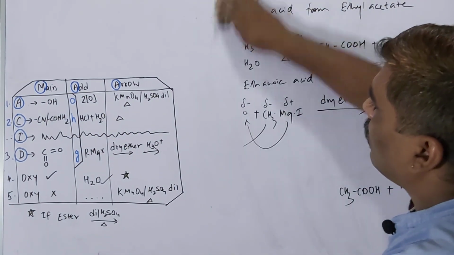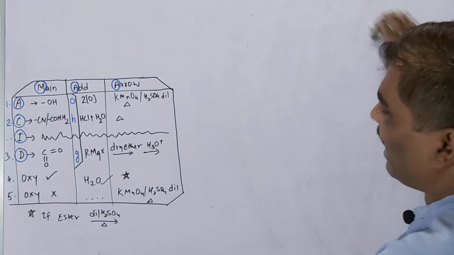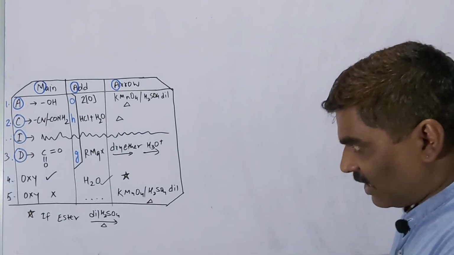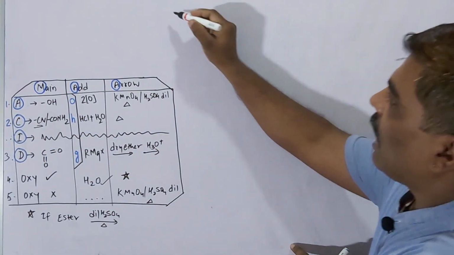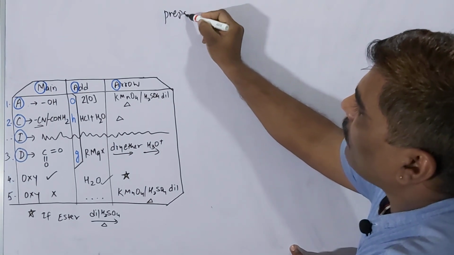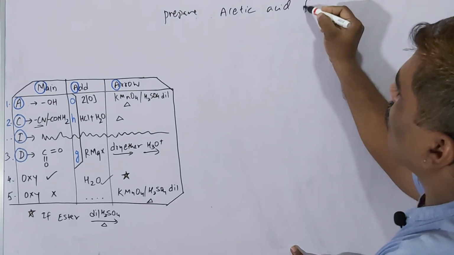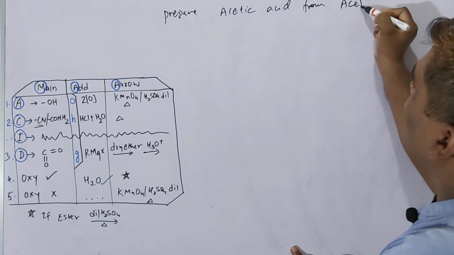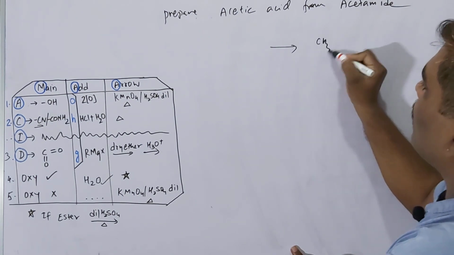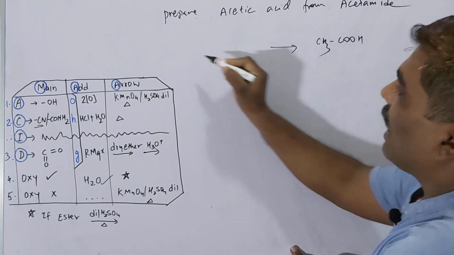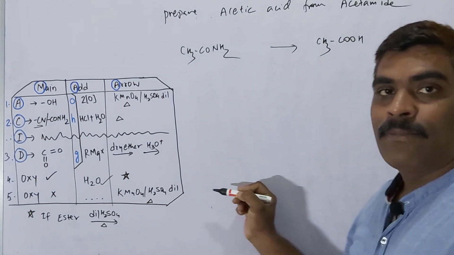Similar to cyanide, for amide I want to say: prepare acetic acid from acetamide. As you know, acetic acid is this, and the acetamide structure one should know is this.